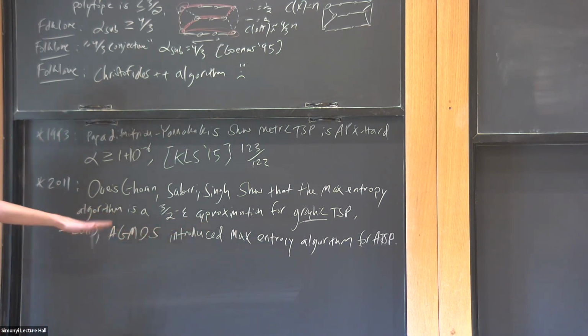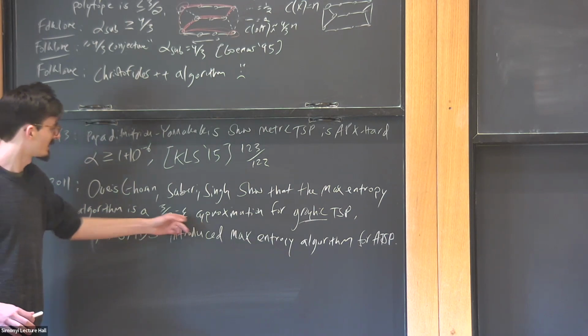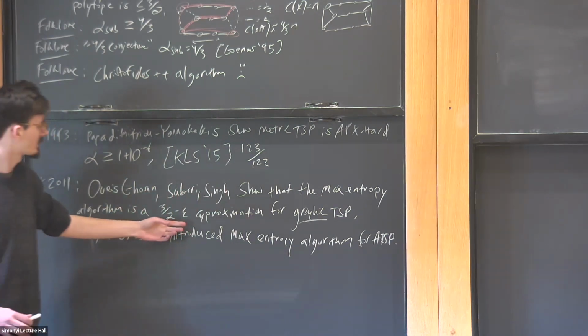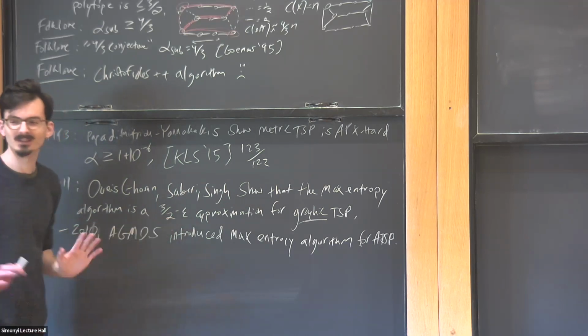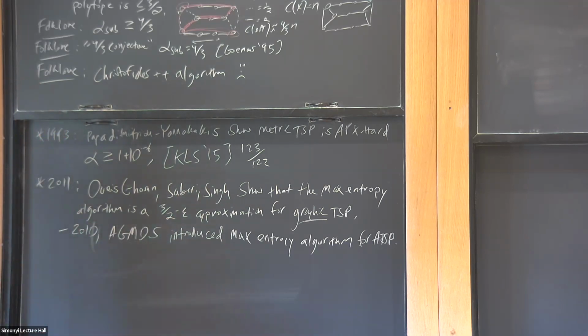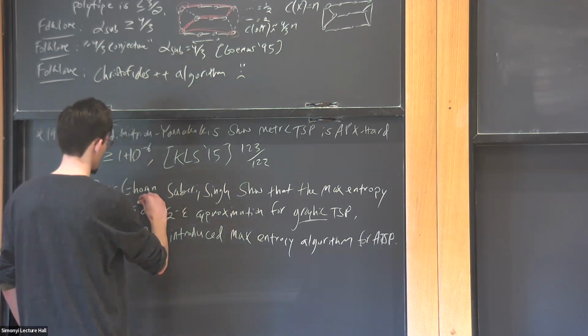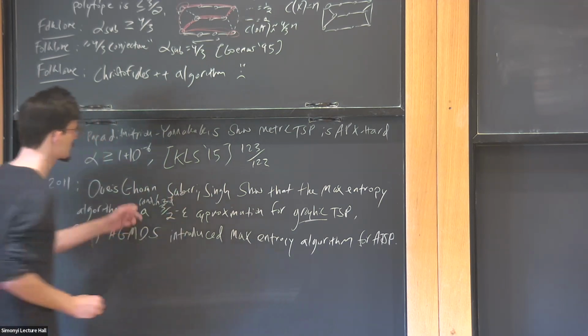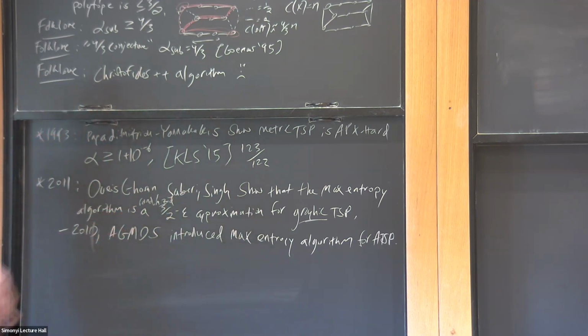I think it's supposed to be something like 10 to the negative 60, such that this algorithm, which I'm about to tell you about, is at worst a 3/2 minus epsilon approximation. And actually, I should say this is randomized. So they just prove the expected cost of the algorithm is 3/2 minus epsilon.